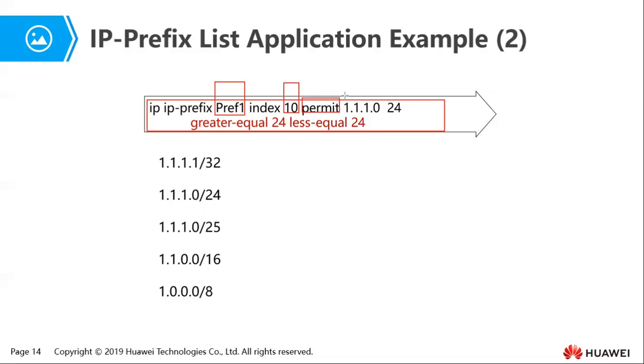Then we are permitting this. So 24, meaning the first three must match. Then we are specifying that the mask can be greater than or equal to 24 or less than or equal to 24. So that means we can only have a /24.